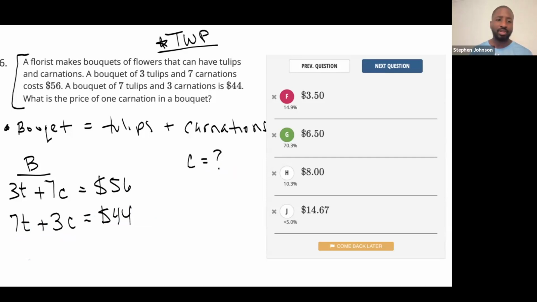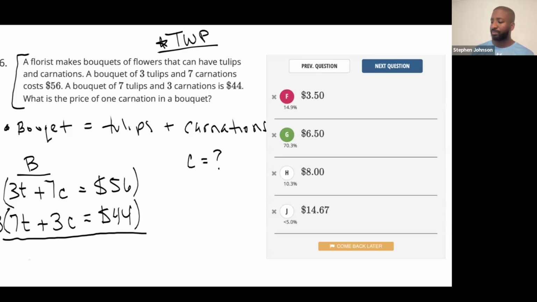But the process that we use is the process that we always use for systems of equations. So I want to solve for C, which means I want my T values to cancel. I'm going to use a process called elimination. I'm going to multiply this bottom equation by -3. I'm going to multiply this top equation by +7.